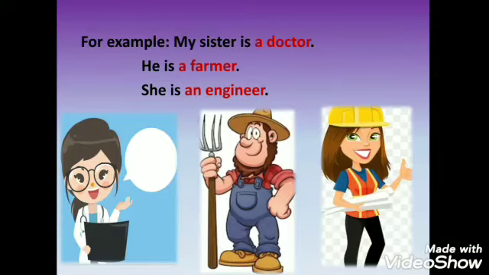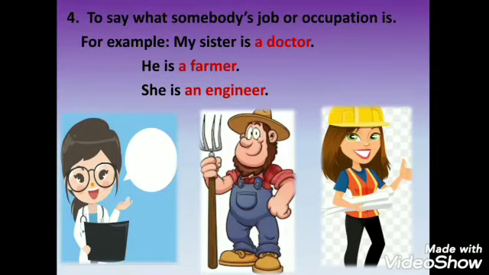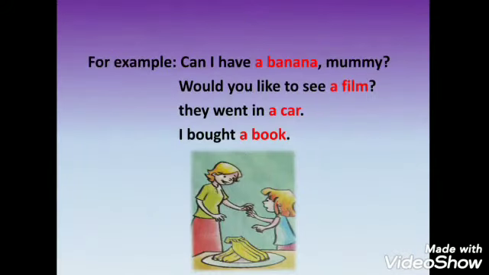What are these? These are jobs or occupations. Therefore, we use a or an to say what somebody's job or occupation is. We cannot say my sister is the doctor because she is not the only doctor, but she is one among all the doctors.